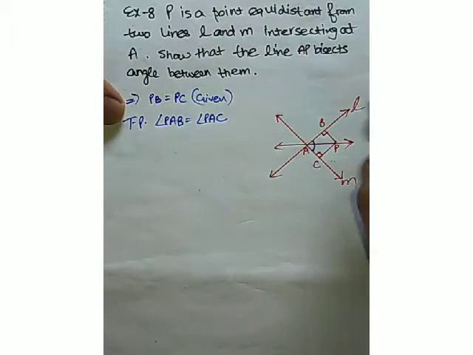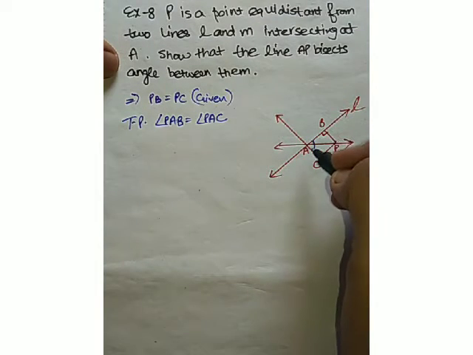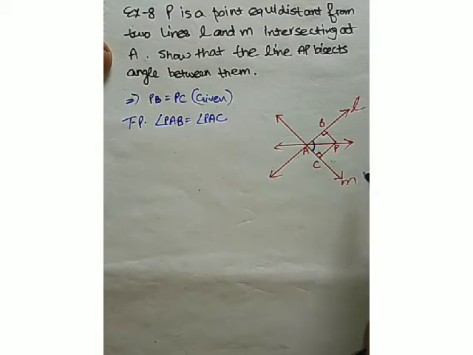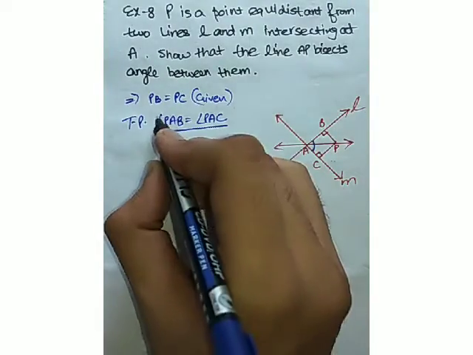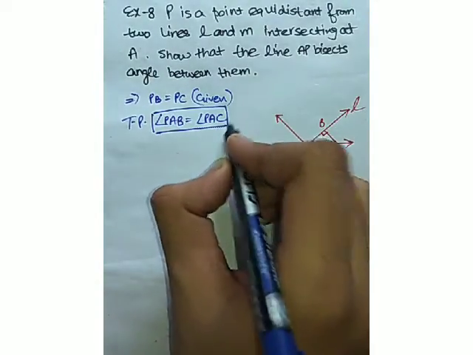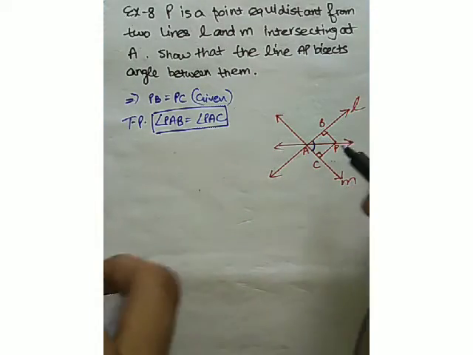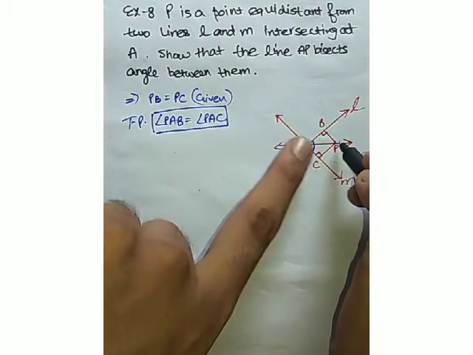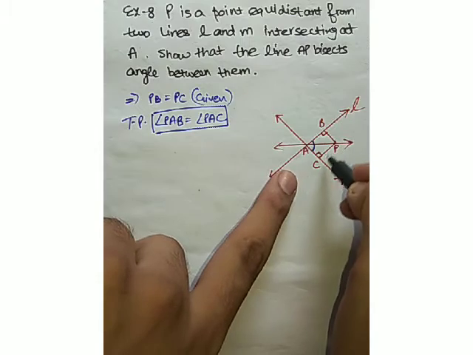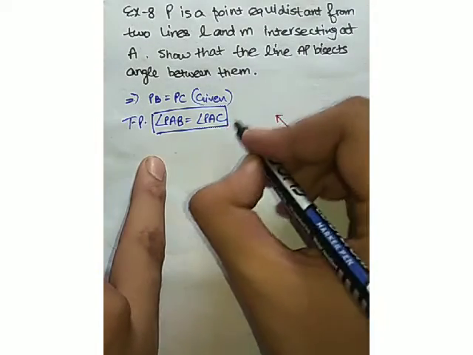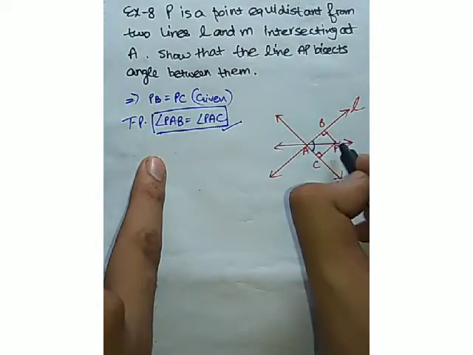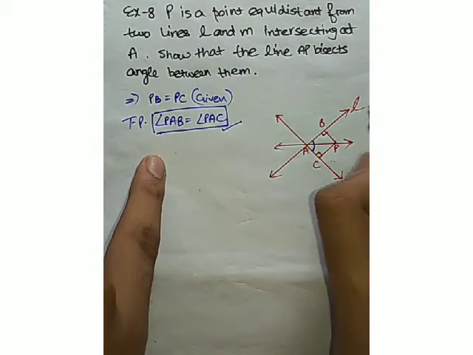You can also say that PB is perpendicular to line L and PC is perpendicular to line M. This is already given. We have to prove that angle PAB is equal to angle PAC. Now you can clearly see that we have to consider these two triangles, and prove them congruent, and then we can easily write by CPCT that angle PAB is equal to angle PAC.